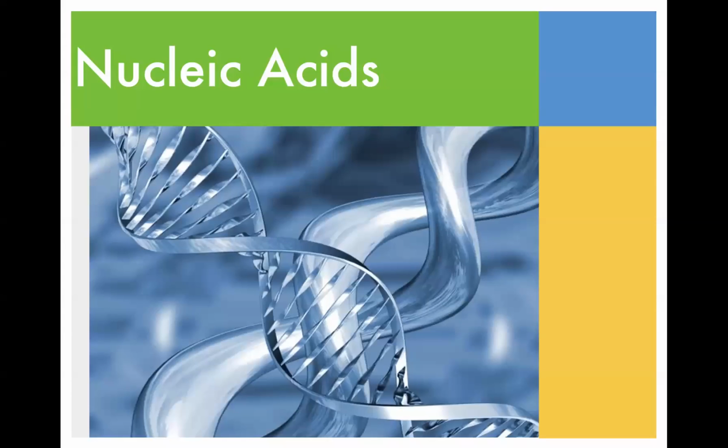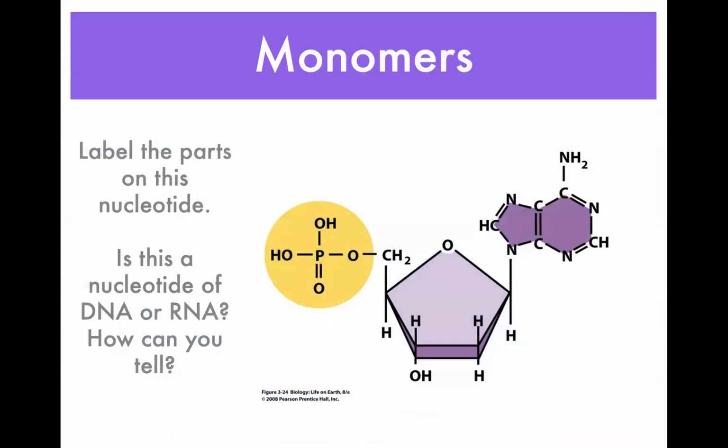Nucleic acids. This is our last class of biological molecules. Nucleic acids are absolutely essential for the transmission of genetic information. The monomers for nucleic acids are nucleotides. There are two types of nucleic acids, DNA and RNA.